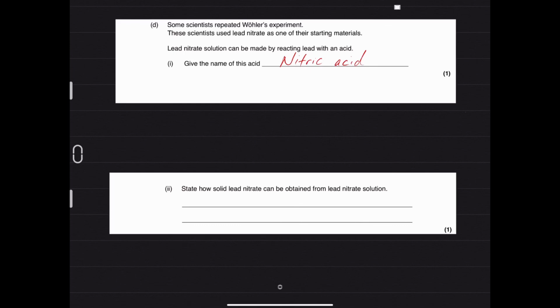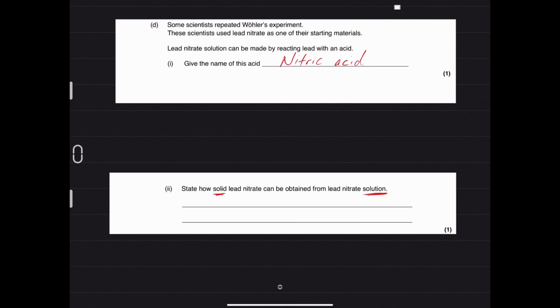Now, next one. State how solid lead nitrate can be obtained from lead nitrate solution. So, they're asking for a solid starting with a solution. So, going from a solution, how can we get a solid?